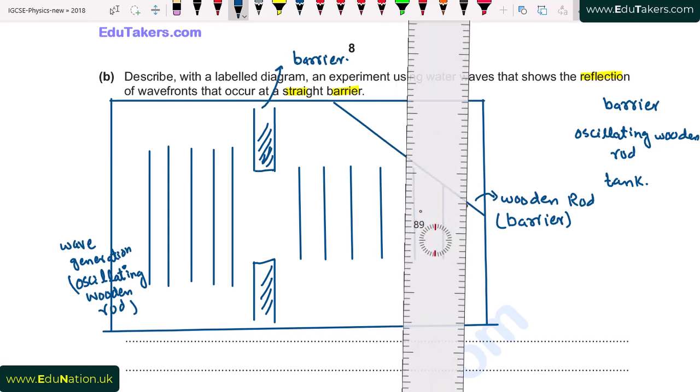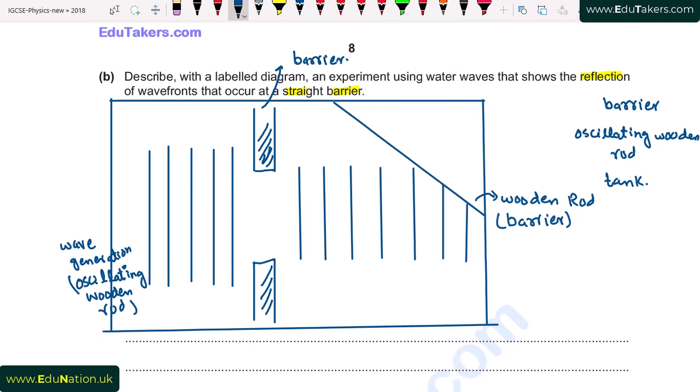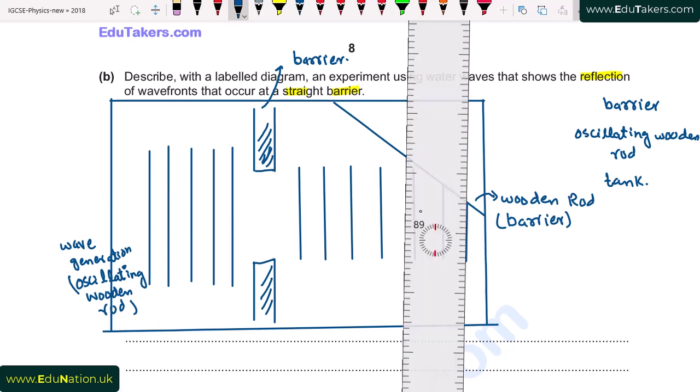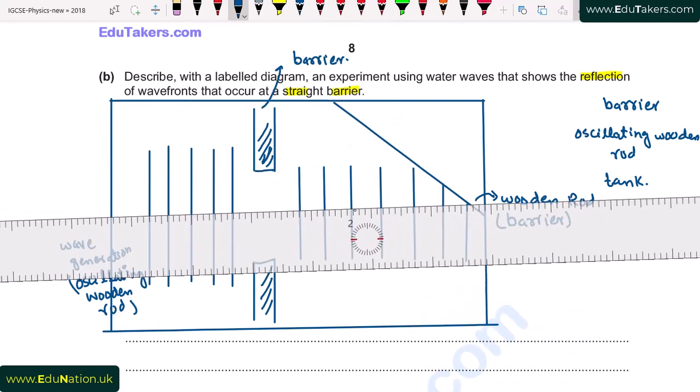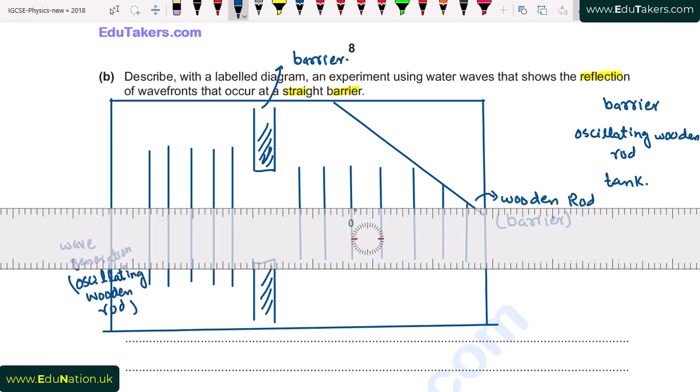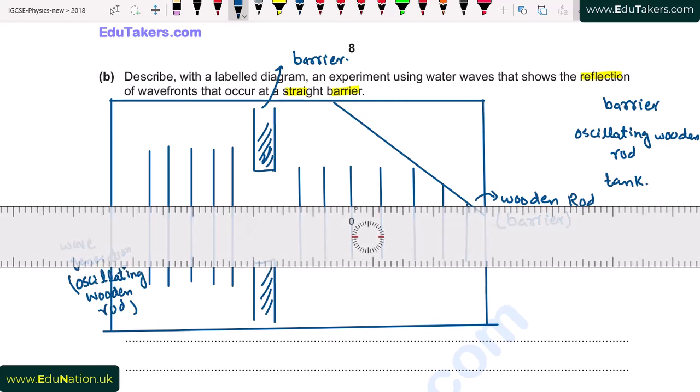So these are the incident water waves that fall on the barrier and then there will be the reflection. These waves will be reflected back. So I will draw them. They will reflect back in this direction.